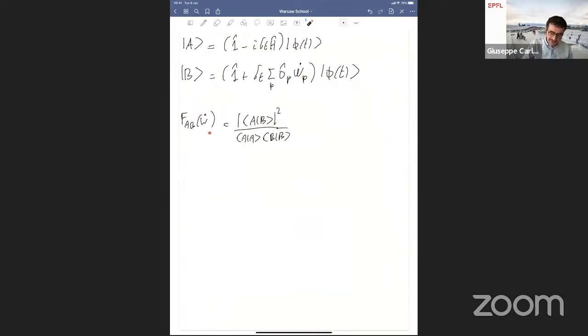So now the thing that I can try to optimize in order to increase this fidelity as much as possible at each time step are the time derivatives of the W's, not the weights themselves.